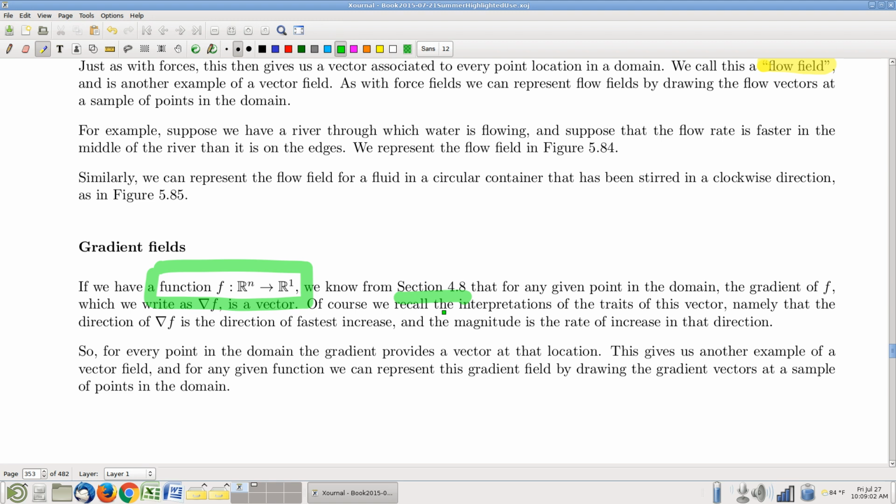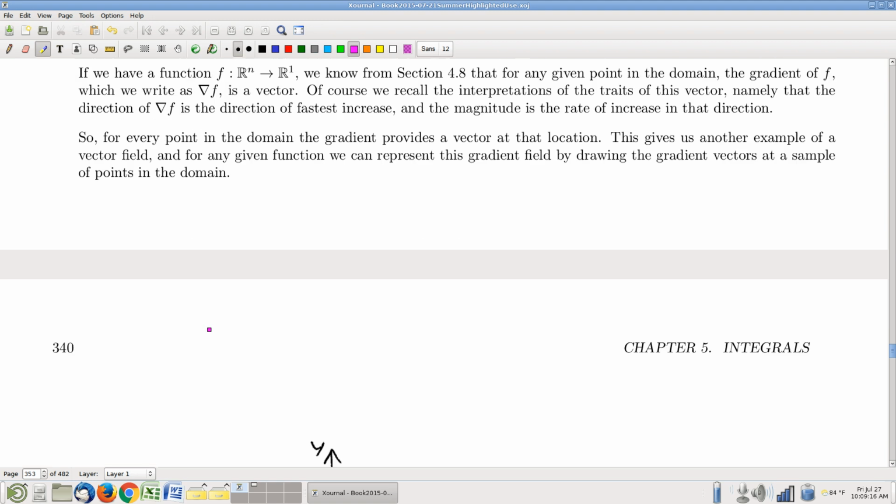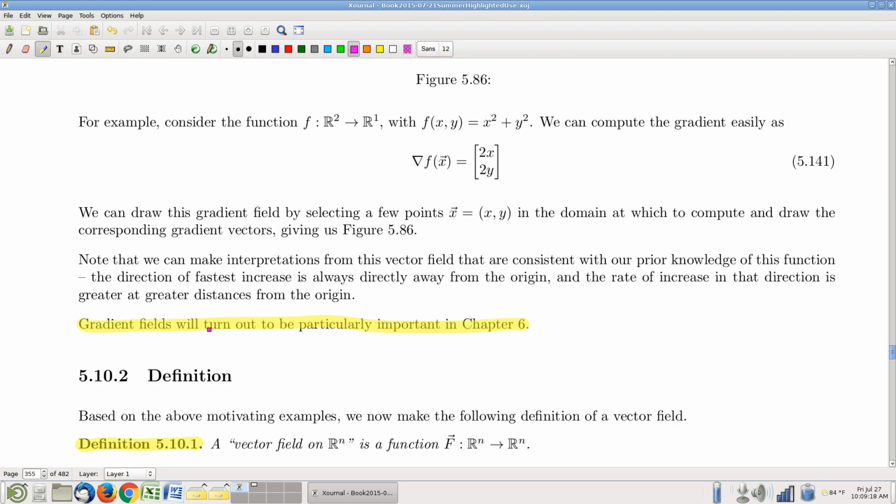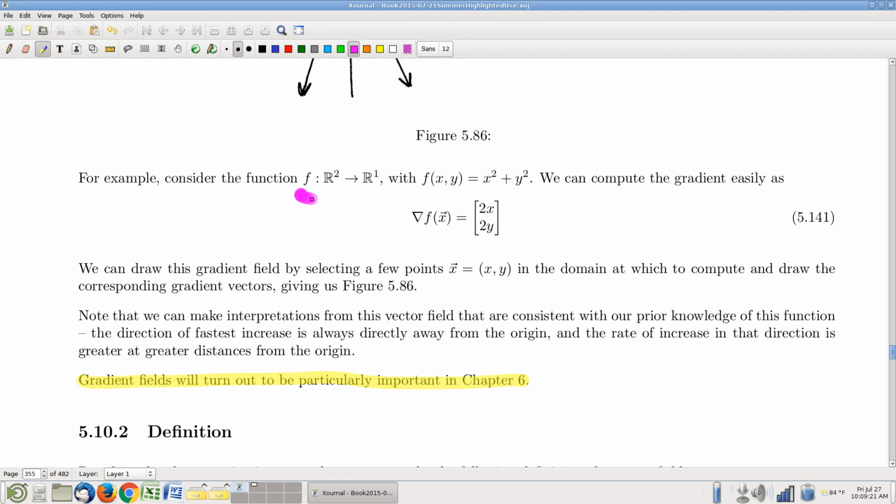So you're telling me for every point in Rn, we're writing down an associated vector. It's a vector field. The gradient is a vector field. So here's an example. A la chapter 4, here's a real valued function of two variables, x and y.